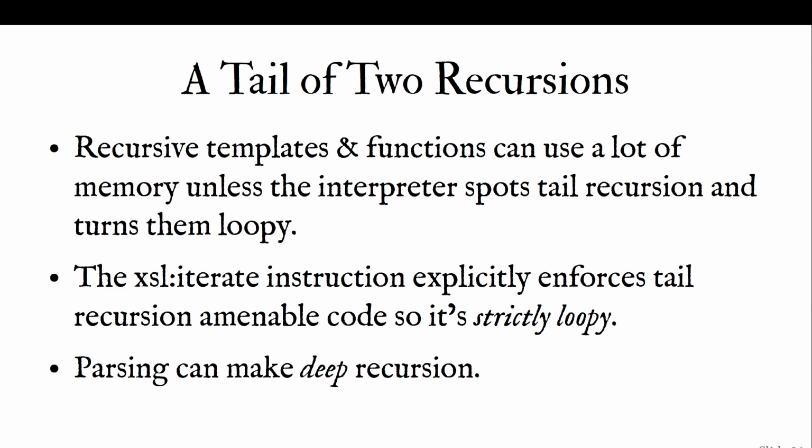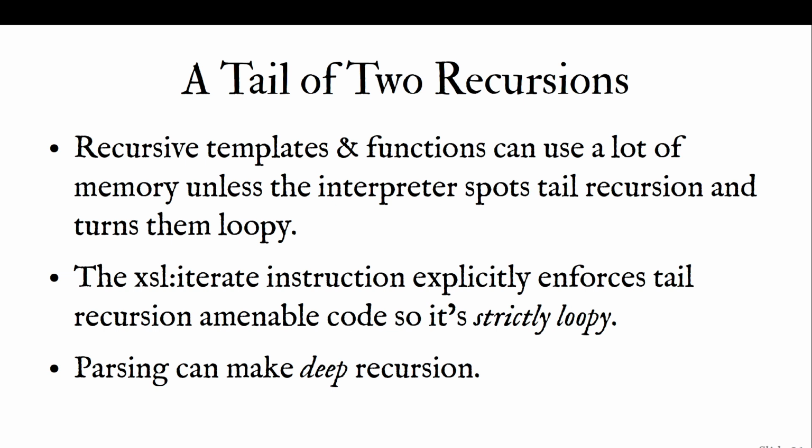And if you see all this stuff with maps inside maps, you may be thinking recursive templates, especially if you did XSLT 1. But unless the interpreter spots how you're using recursive templates, you can run out of memory. And the same with the recursive functions in XSLT 2. So in XSLT 3, we've got this fabulous new thing called iterate. It doesn't actually iterate.